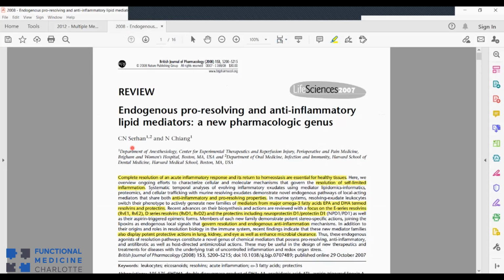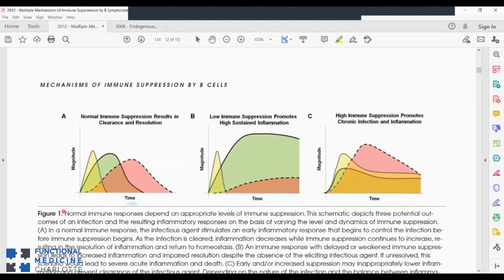And back in the early 2000s, 2007, 2008, around there, researchers discovered pro-resolving lipid mediators, which is a fancy term for metabolites that come from our essential fatty acids like the EPA and DHA omega-3s. Those break down into pro-resolving mediators, and the pro-resolving mediators do what they say. Pro-resolving means they promote resolution of inflammation. So they promote the pink color. They promote putting the fire out, okay?